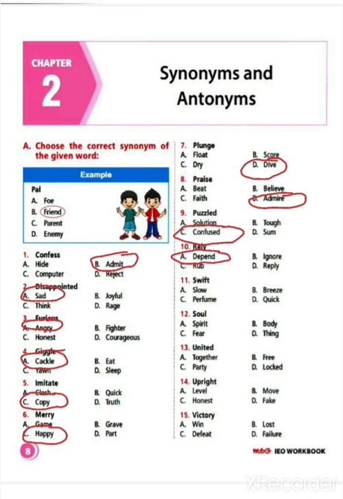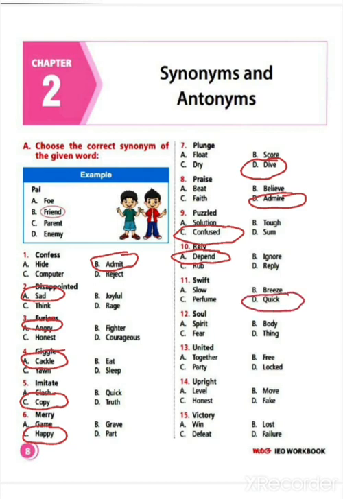Number 11, the word is swift and your options are slow, breeze, perfume, quick. So swift and quick are similar in meaning.